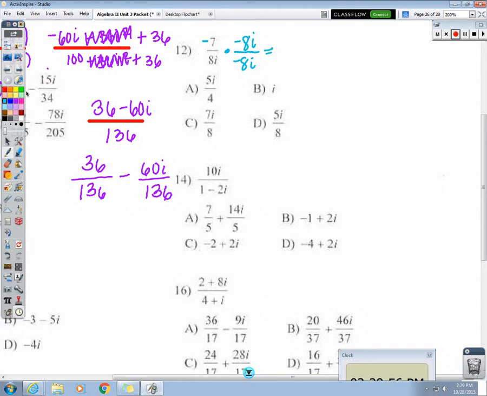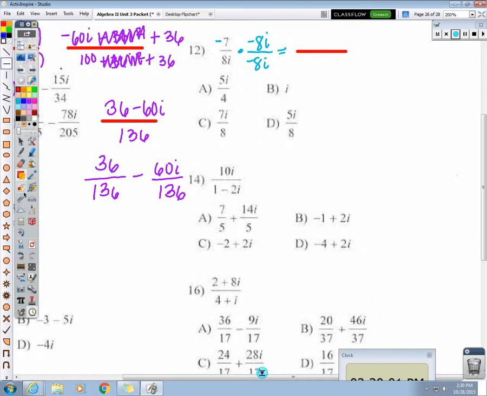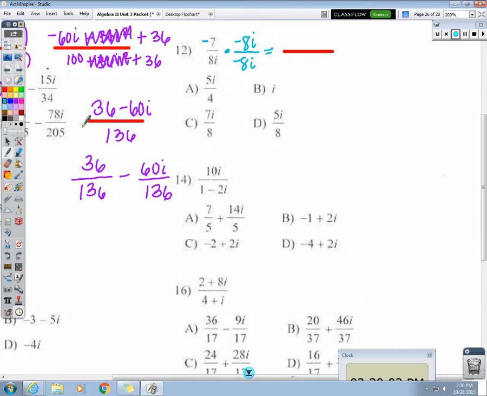And then that equals, what do you get when you multiply the numerator? Because if this was an 8i, the conjugate of it would be a negative 8i. We're on number 12. Okay, look, I gave that negative that was out in the middle to the 7. So that means my 8i was positive.